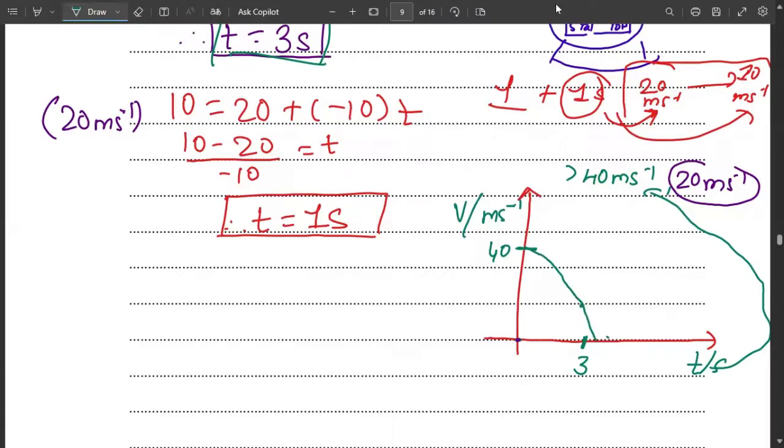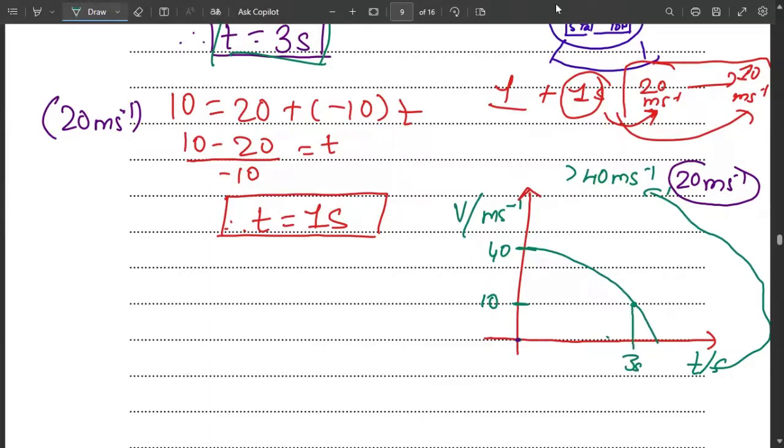Not a proper graph, I'm sorry. Yeah, perfect. So if this is 40 and this is 10, it will take 3 seconds, somewhere here.